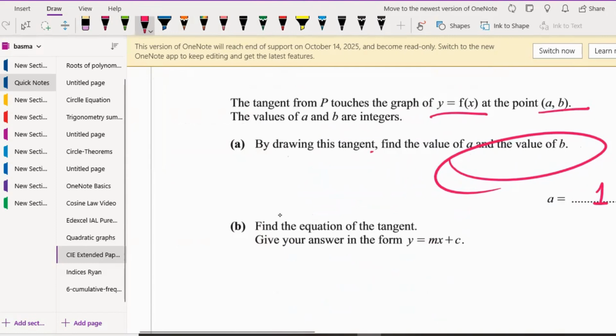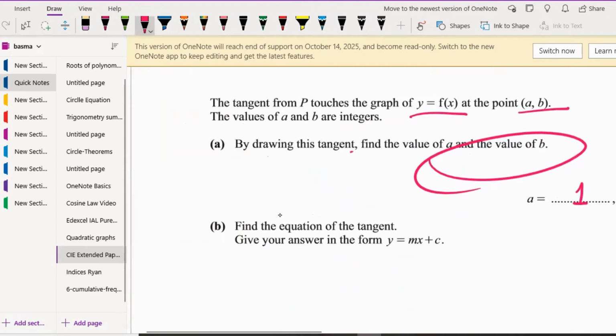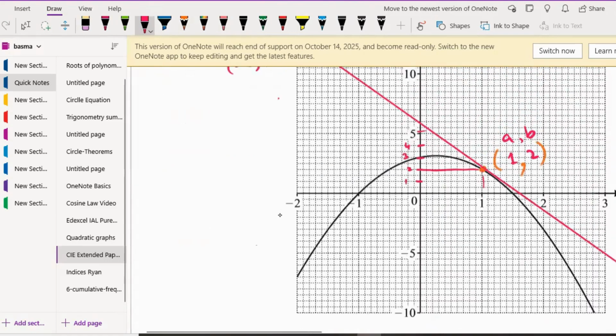You have to find the equation of the tangent. To find the equation of a tangent, which is a straight line, we have the equation y equals mx plus c. We should know the gradient and the y-intercept, m and c. All we need to get is m and c. We know the c already.